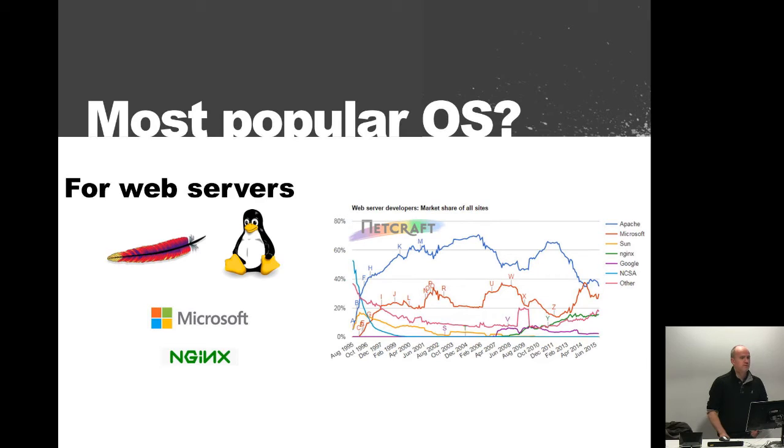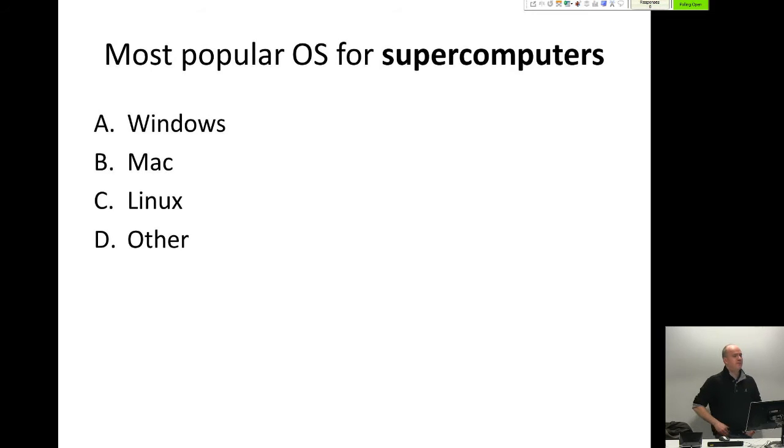So we have seen different systems for different applications. What about supercomputers? If you want to work for NASA or for the big system that Google has, for example, what operating system would you use? Linux? Yeah, not sure.